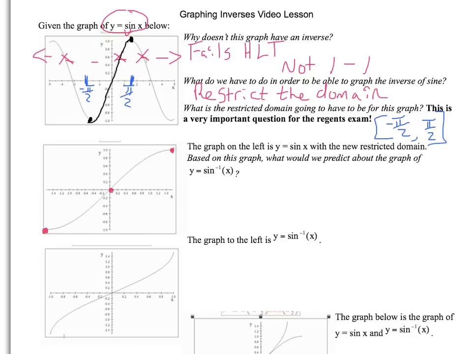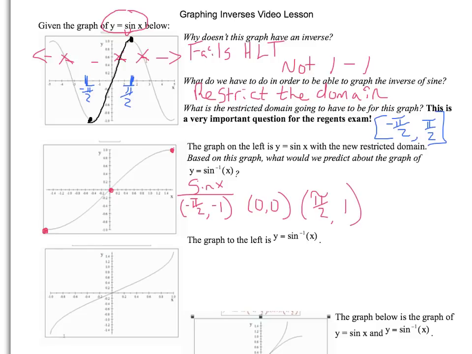So for a sine x graph, I can see I have the points, and this first point is at negative pi over 2, negative 1. I can also see I have the point 0, 0. And the last point is at pi over 2, positive 1.